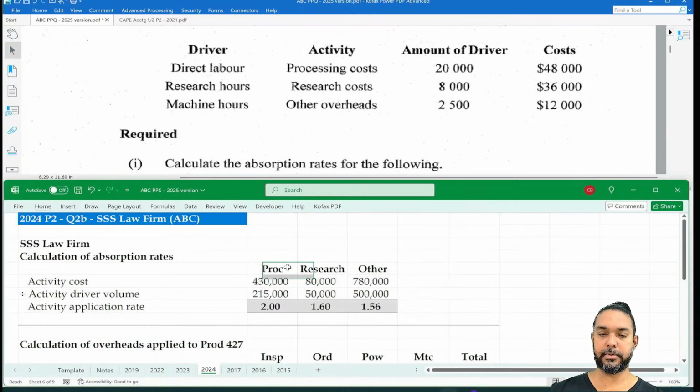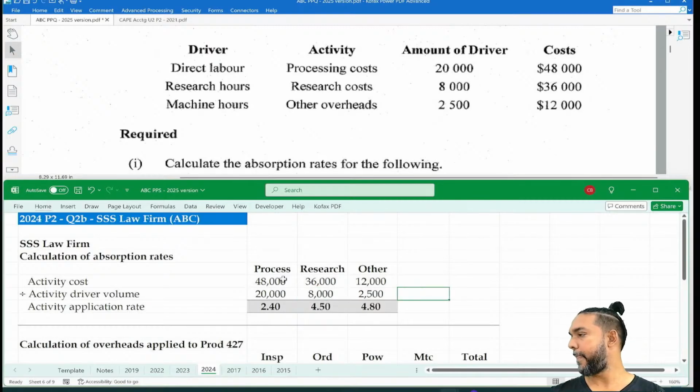Right, so process, research, we have 48,000, 36,000, and 12,000, and the drivers are 20,000, 8,000, and then 2,500. Right, okay. So the absorption rate.